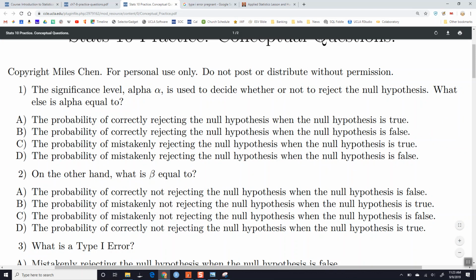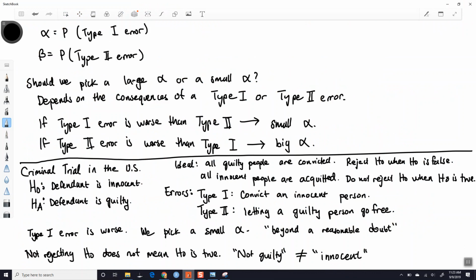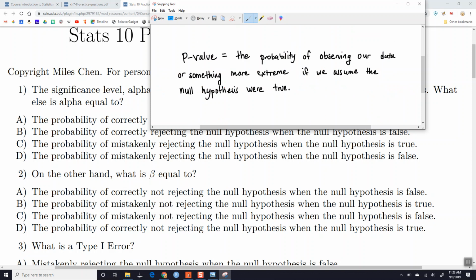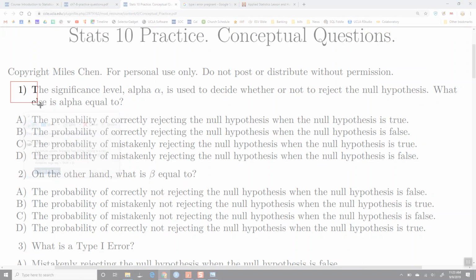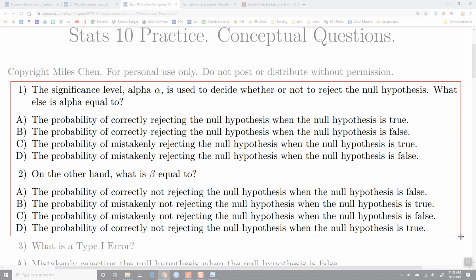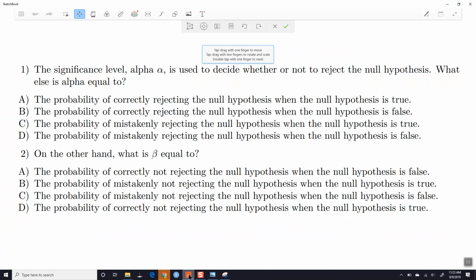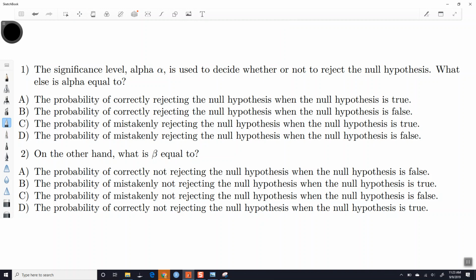Let's go with the first question here. Let's just do these first two questions. Pick A, B, C, or D, and then for number 2, pick A, B, C, or D.